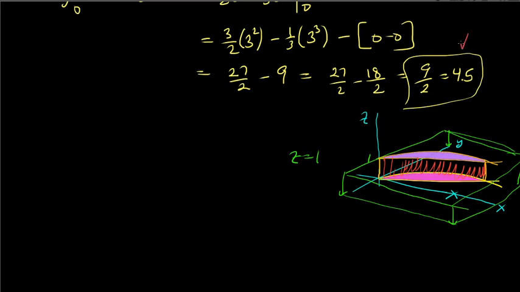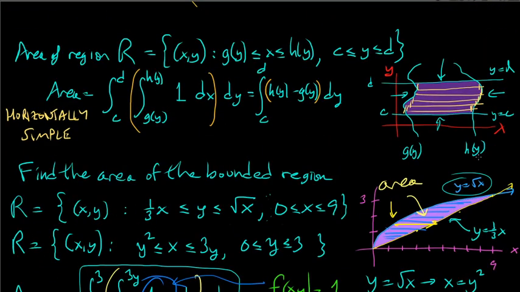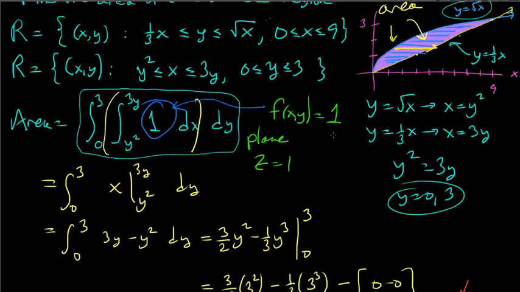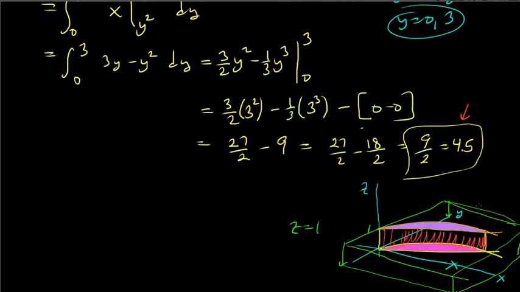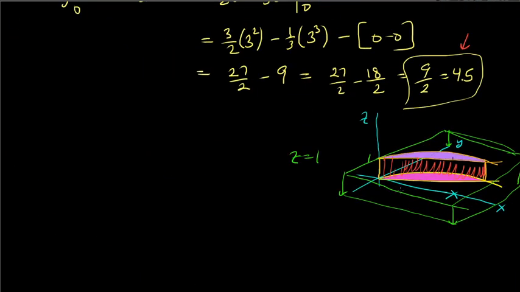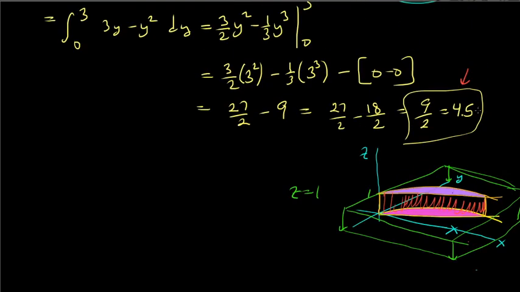The volume is 4.5 and the area is 4.5. So I hope that helps explain where the 1 comes from. The 1 is just the plane z equals 1. But when you're integrating 1, you're just getting the volume, which if you flatten it out is the same as the area.